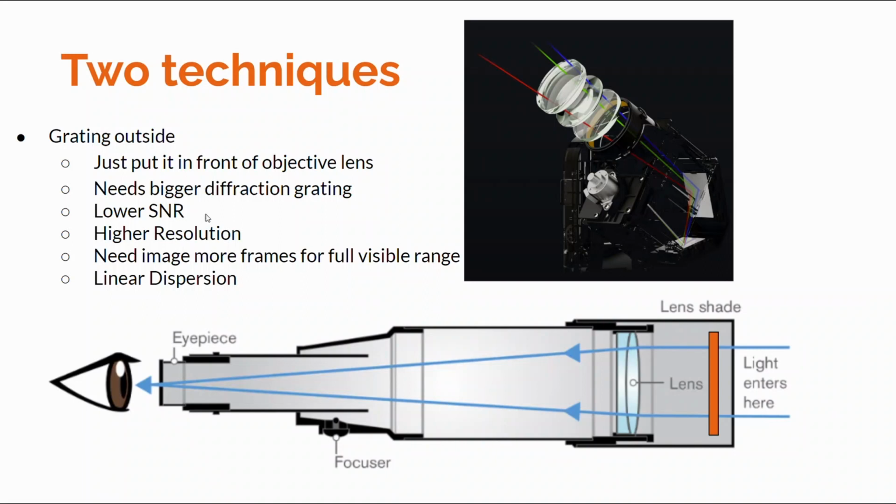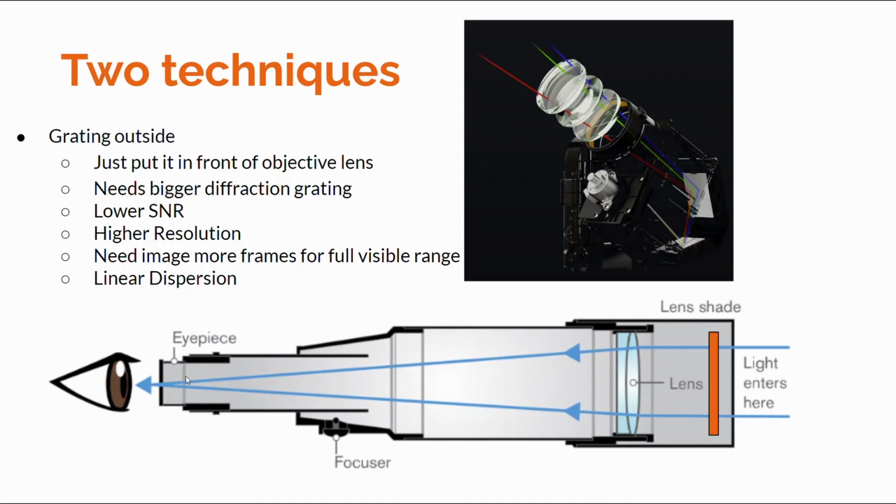The same amount of light is now spread over a long distance, so you're going to have a smaller signal to noise ratio because the signal got spread further out. But because it spread so far, you're going to have a higher resolution, because those lines are very hard to resolve in a smaller dispersion. Now with this all spread out, I can see individual lines much better, if I have enough signal.